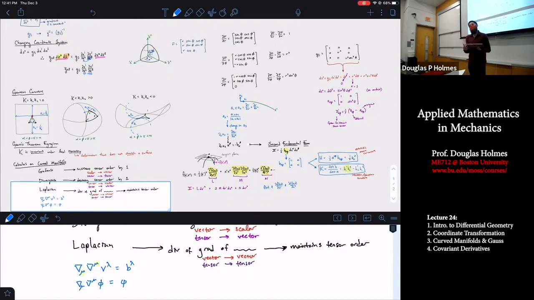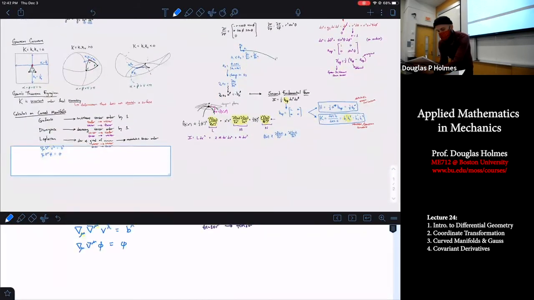The reason I bring all of this up is to help ground you in what these operations are doing. Because the most confounding thing you'll encounter in differential geometry and tensor analysis is the covariant derivative.